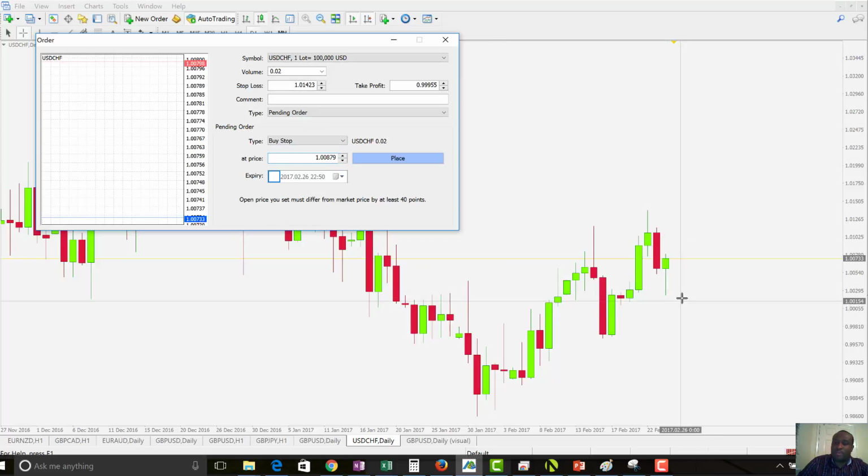Then stop loss will be below, at 1.00210, and take profit will be somewhere higher, 1.01460. I'll just hit the place button, and I'll place a pending buy order.